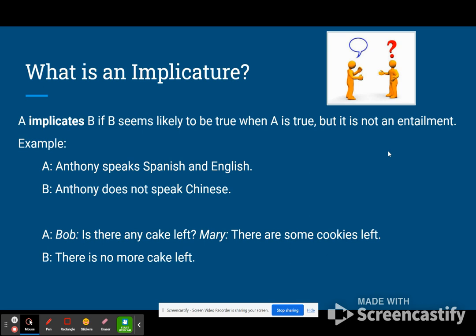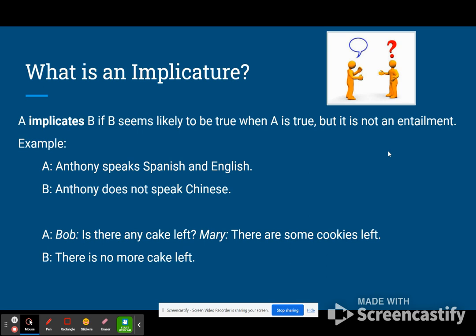If A is true, it doesn't necessarily mean that B is true. It could just be that Anthony decided to omit the fact that he speaks Chinese. However, to most people, it sounds like if Anthony did know how to speak Chinese, he would have included it already in the first sentence. So it's not necessarily an entailment, but it seems very likely that B is true.